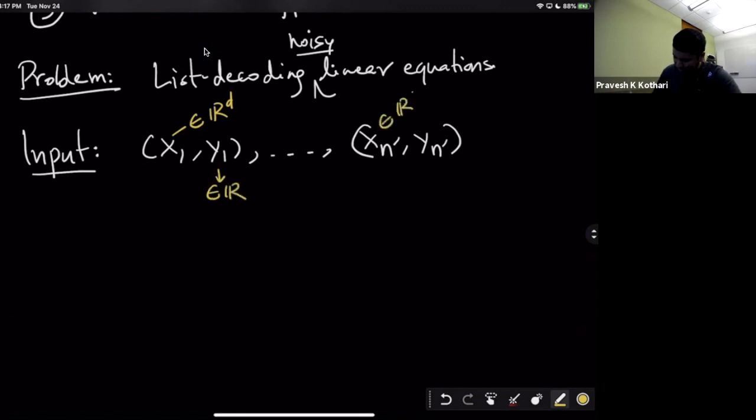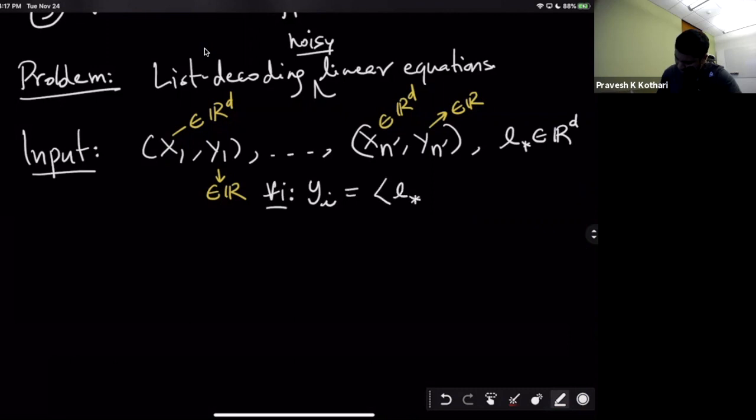As usual, remember when we design algorithms, we have to work in the rational model, but we're going to ignore that distinction. Good. And let's say that there is some L star, which is some vector in d dimensions, and you have the guarantee that for all i, yi equals the inner product of L star with xi. In other words, the yi's are basically evaluations of a linear function on the corresponding xi's.